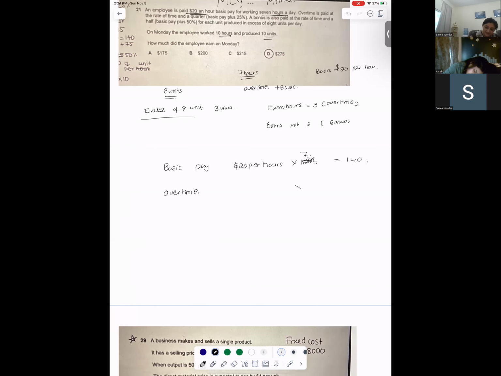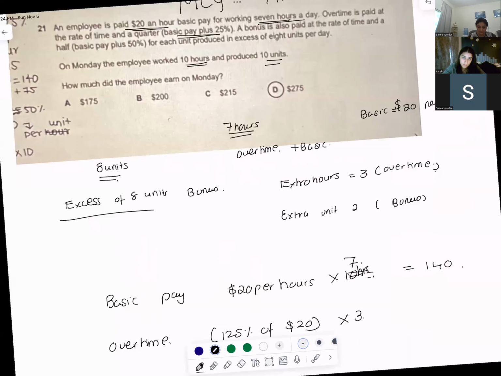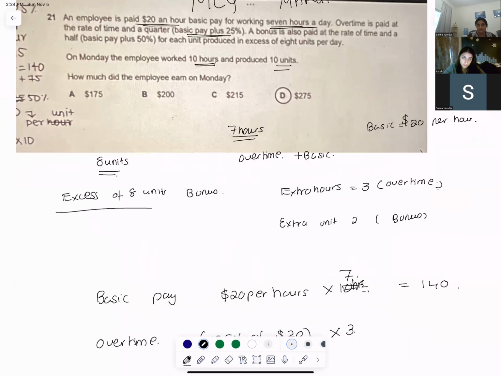Now for the overtime. Overtime is how many hours? 3 hours. For this, you are going to get 125% of 20. Basic plus 25%, so you're going to get 125%.